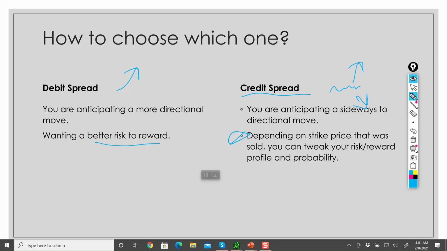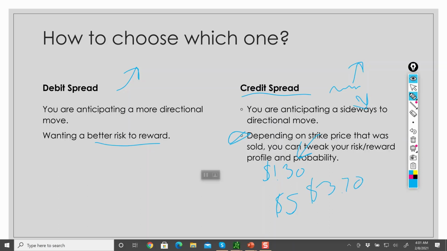Now, like it says right here, depending on the strike price that was sold, you can tweak your risk to reward profile and probability, meaning there are some people that sell out of the money credit spreads. Say some people sell a $5 wide spread, and they're happy with taking only a $1.30 credit. So that means their max profit is $1.30, but their max loss is $3.70.